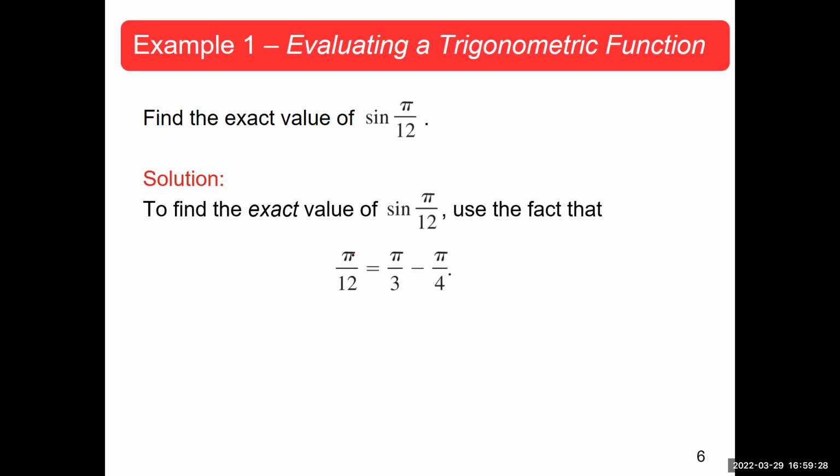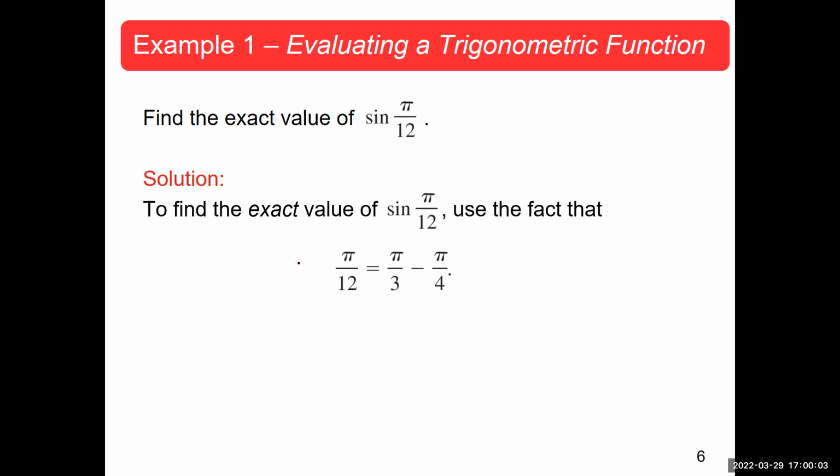So they converted pi over 12 into pi over 3 minus pi over 4, because I know the sine of pi over 3 by looking back at that circle. I will look at them in a minute.